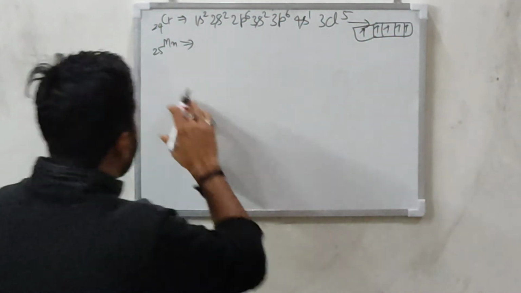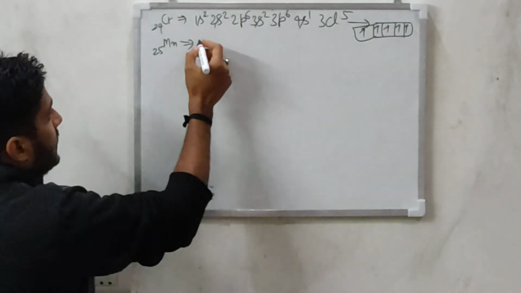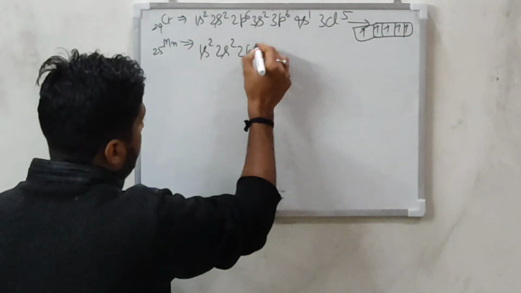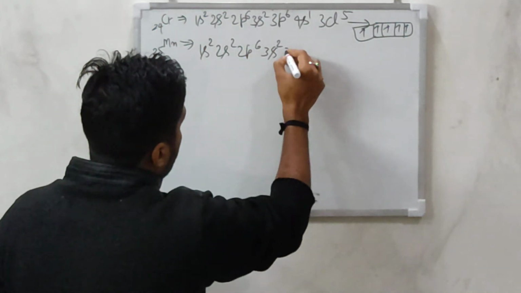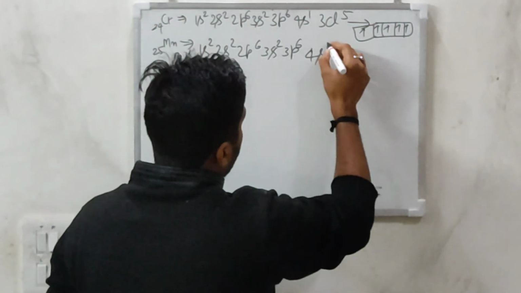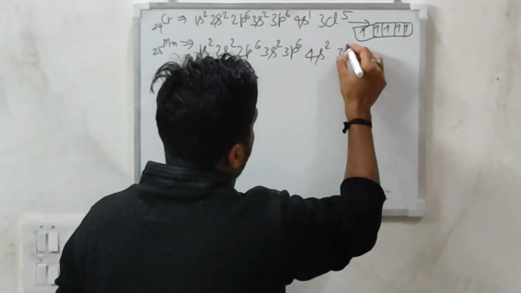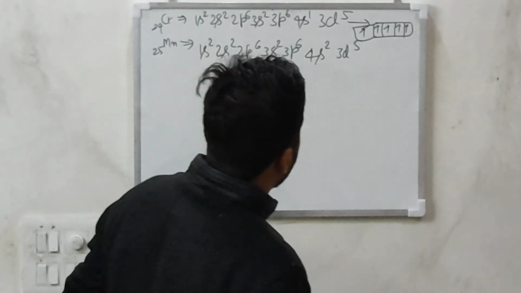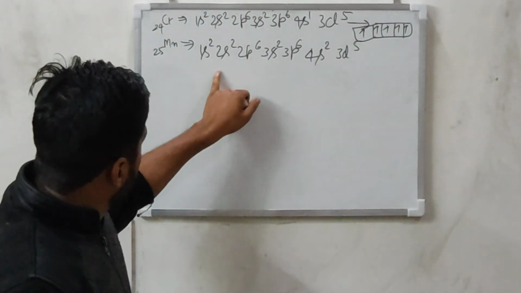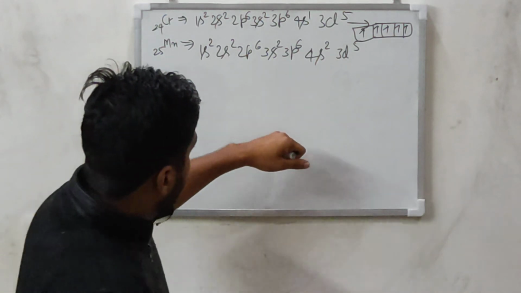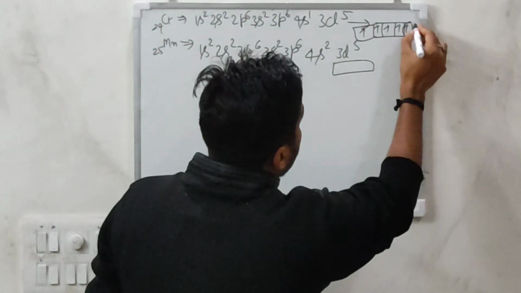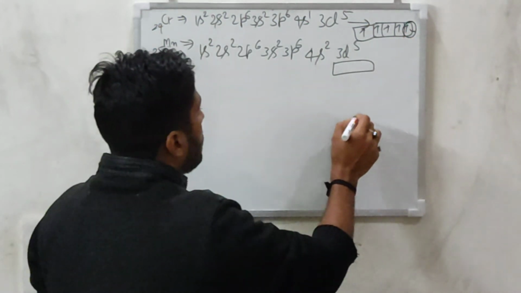In case of manganese, the electronic configuration will be 1s2, 2s2, 2p6, 3s2, 3p6, 4s2 and 3d5. We have to calculate the Z effective for these electrons.